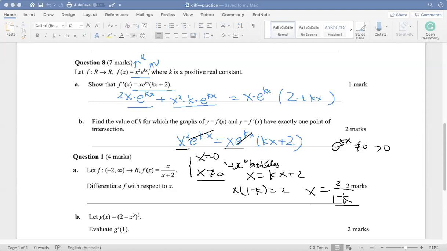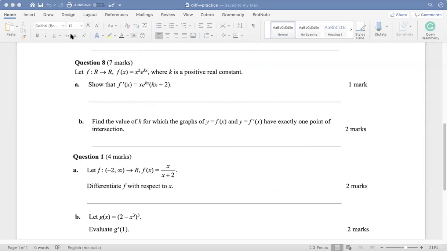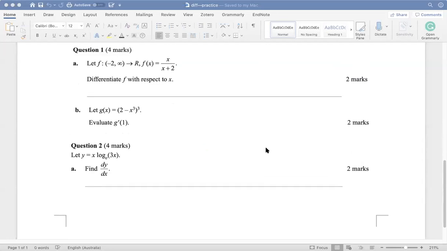And let's keep going. For the next one, again, it's pretty straightforward.